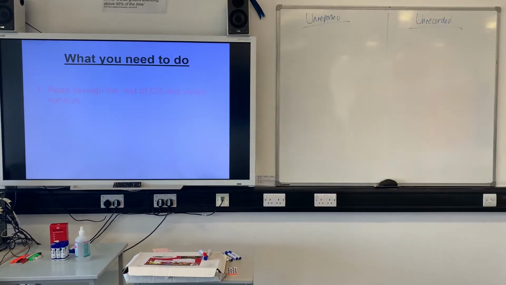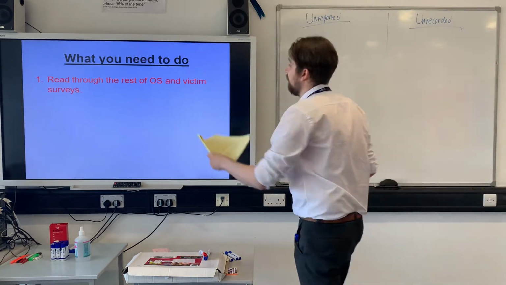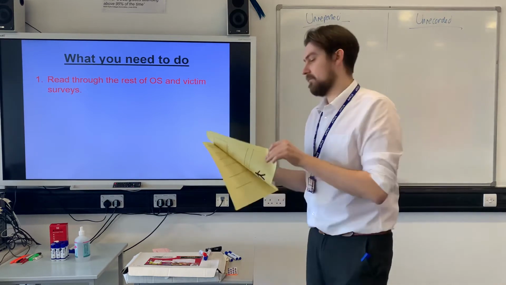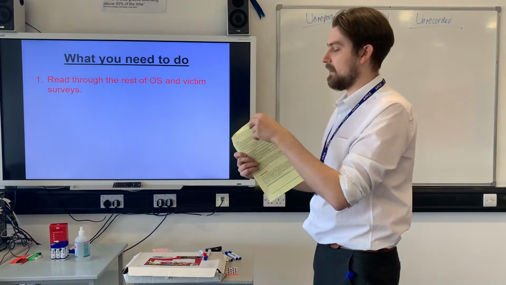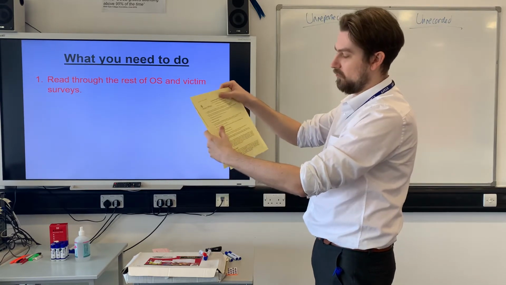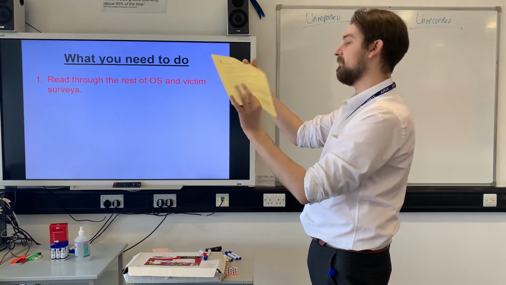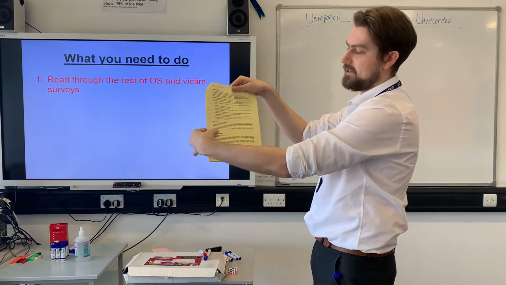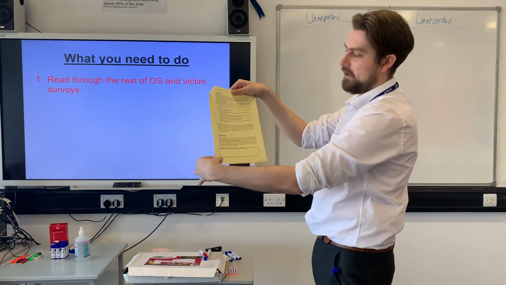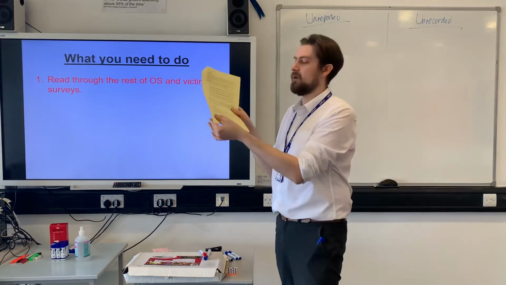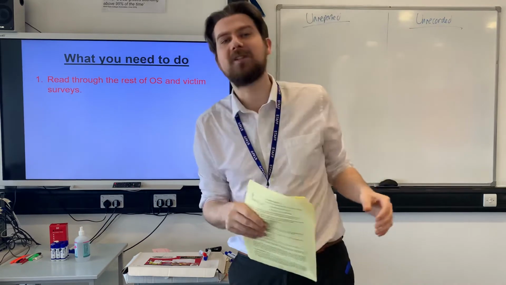You are going to be reading through the rest of this booklet, which is going to explain to you on page 3 the details about official statistics, and that goes all the way down to page 4. You're then going to see details on page 5 about victim surveys, and then finally at the bottom a self-report study. So some information on that, and a little box at the bottom to say which method do you think is best and why.